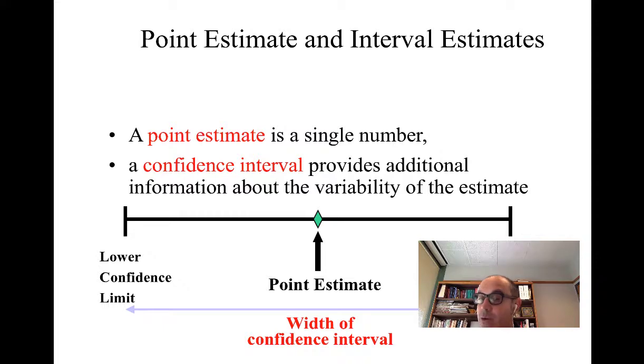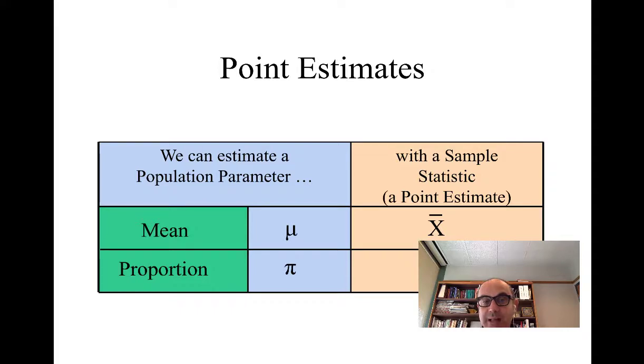So let's start with the basics. The point estimate is a single number. The confidence interval provides additional information about the estimate. So with the point estimate, we have a lower and an upper confidence limit that give us the range.